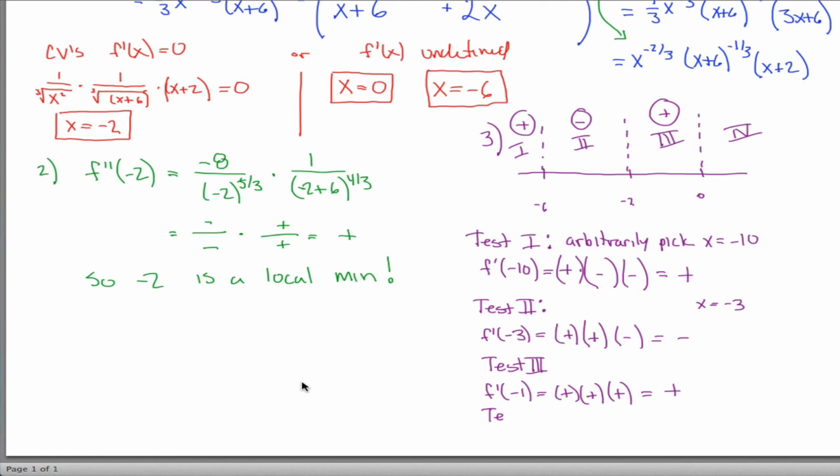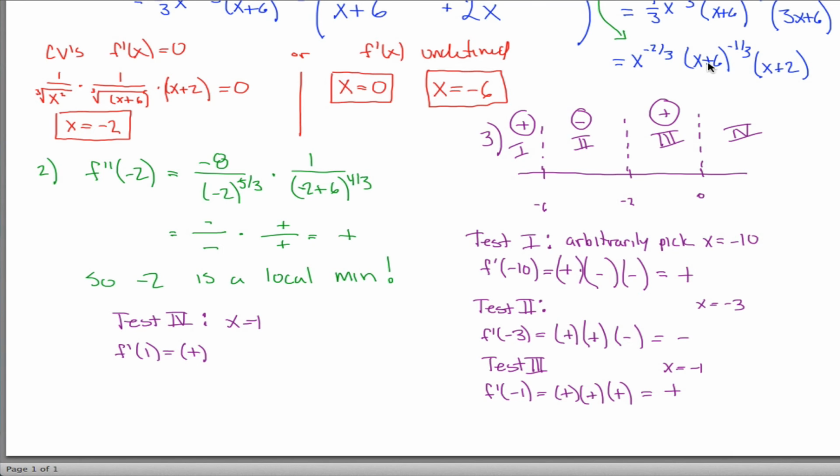Region 4, it's not going to print very well, so I'll do it over here. Any number you want greater than 0, I don't know. How about 1? F prime of 1, is it positive or negative? Well, this first thing, 1 to the -2/3 power, a positive number raised up to any exponent is positive.